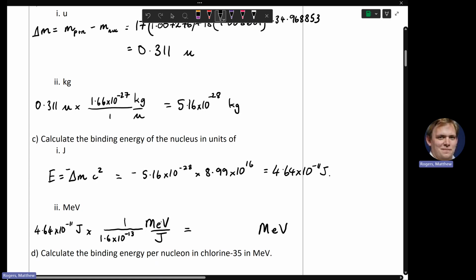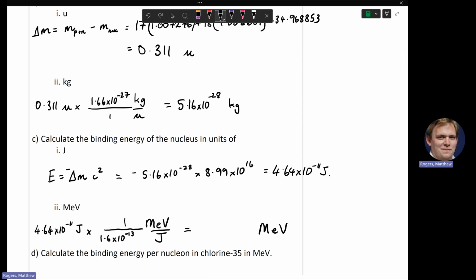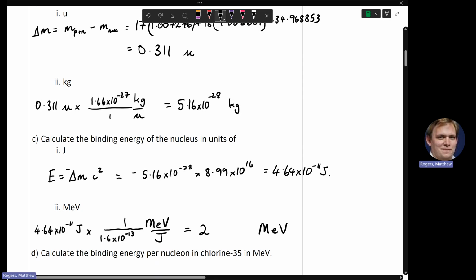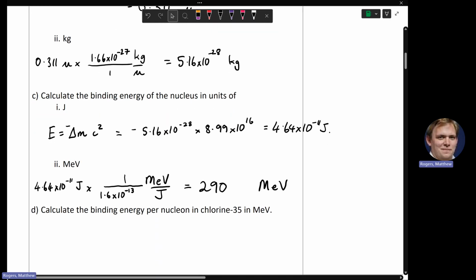Strictly, we know that an eV is times 10 to the minus 19, and the M is a factor of 10 to the 6, so minus 19 plus 6 is why we end up with the minus 13. So it's 4.64 divided by 1.6 times 10 to the minus 13, which gives us a binding energy of 289.8. So we're going to quote it as 290 mega electron volts.